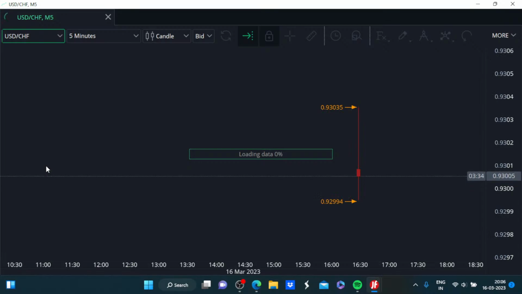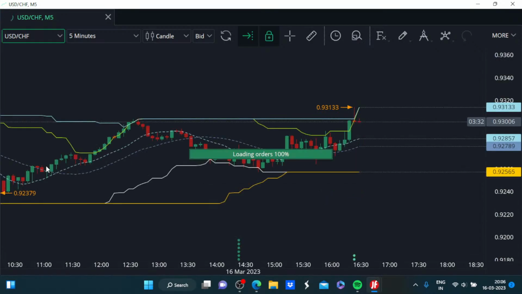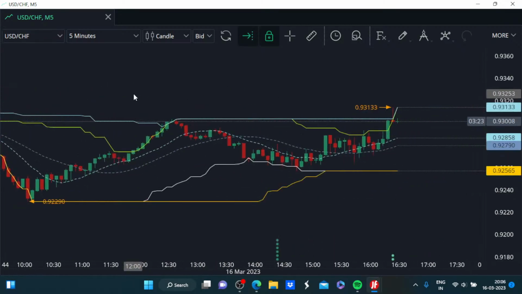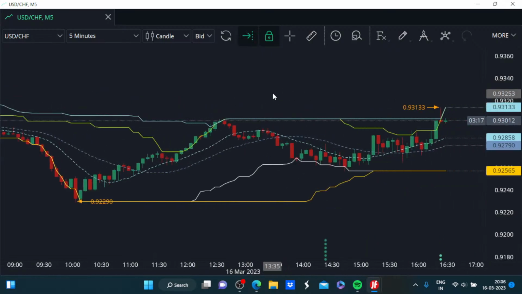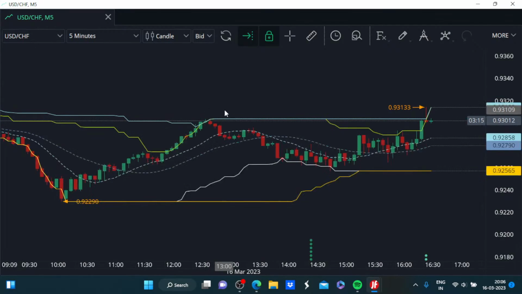Now let's consider USD CHF. It has also gone on to make a fresh swing high that puts the CHF in the bearish basket. Then the question is whether the CHF is less bearish or more bearish in comparison to the other currencies, and it is looking less bearish, of course, than the CAD.